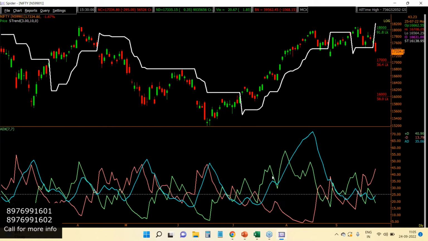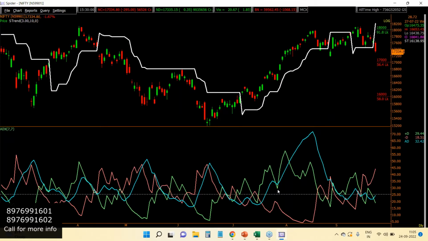As you can see here, the green line is the positive DI and the red line is the negative DI. Alongside the ADX, as I told you earlier, ADX will only indicate the strength. As soon as the ADX is above 25, it indicates that the trend has strength.